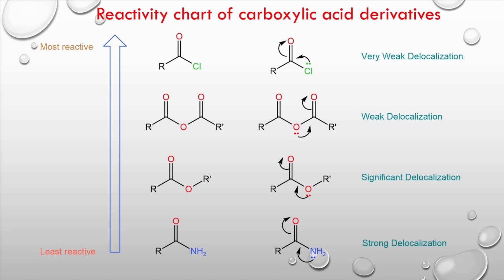Hence the carbon has comparatively less electron density. After that, ester reactivity is low because of the oxygen atom lone pair being well delocalized, which increases the electron density over carbon, and the least reactive carboxylic acid derivative is amide, in which delocalization is maximum and the electronegativity difference is less.